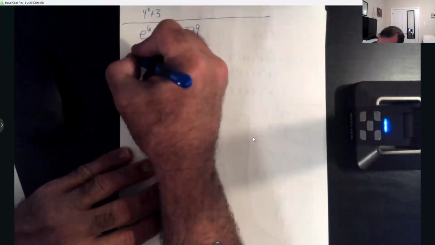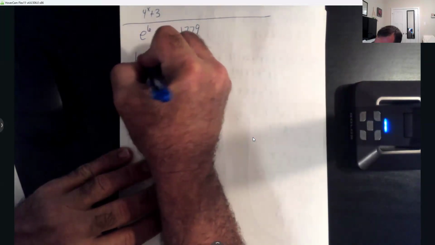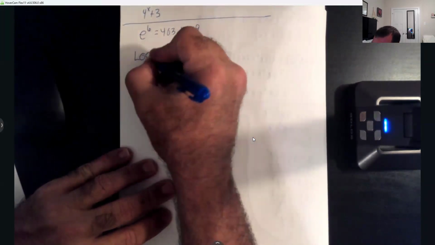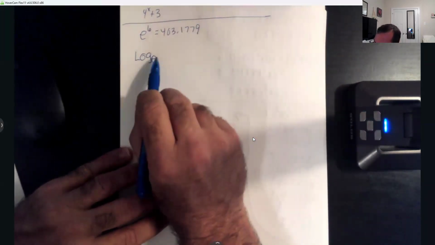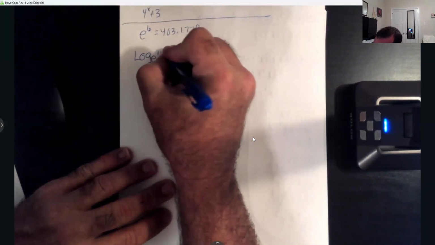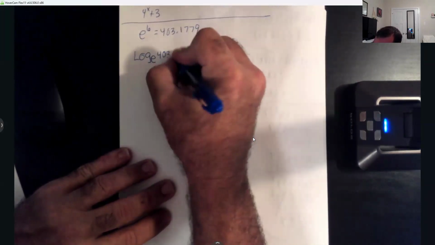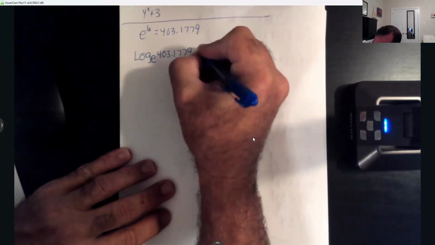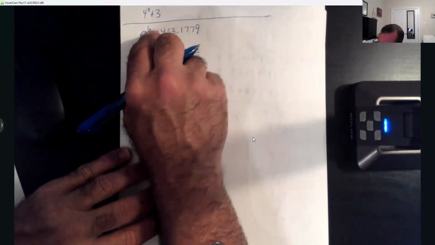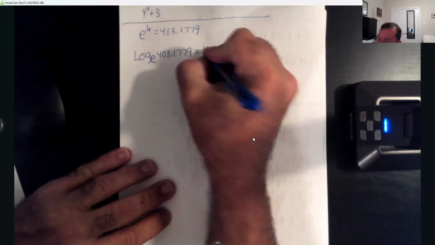Okay, so you're going to write log. The base of the log is the base of the exponential, which is the e. The result from the log is the result from the exponential, which is 403.1779. That's going to equal the exponent of the exponential, which is 6.